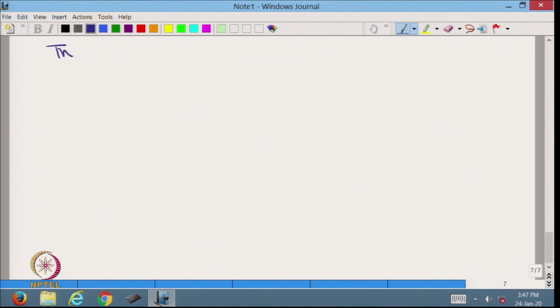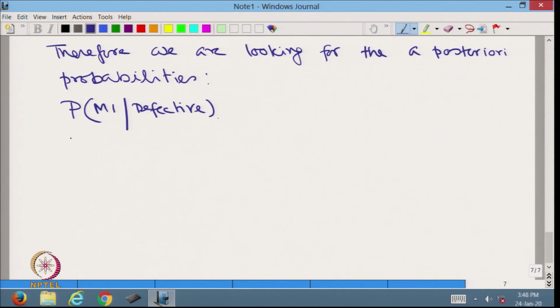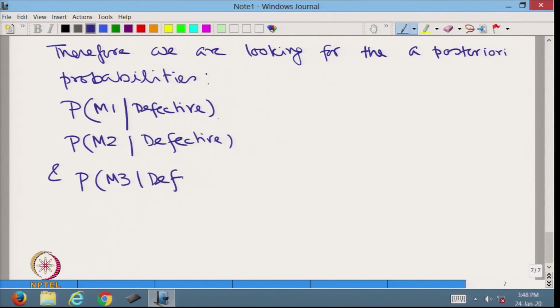Therefore, we are looking for the a posteriori probabilities: probability M1 given defective, probability M2 given defective, and probability M3 given defective.